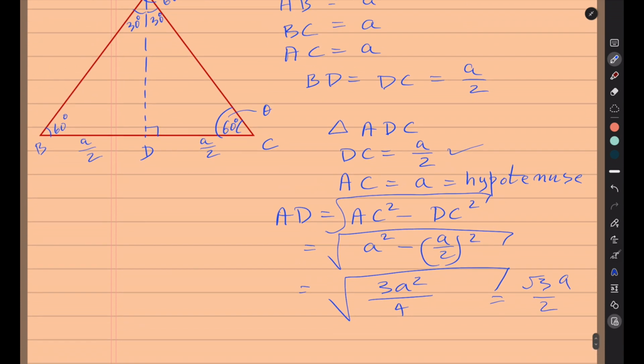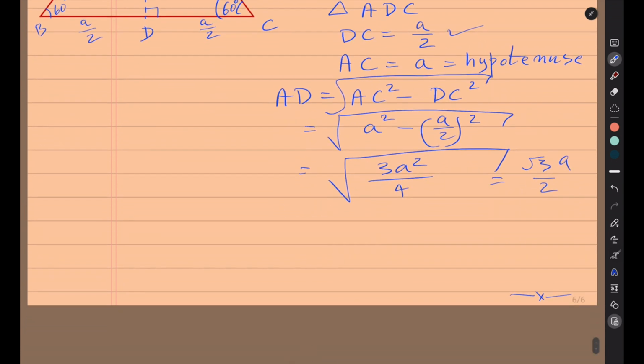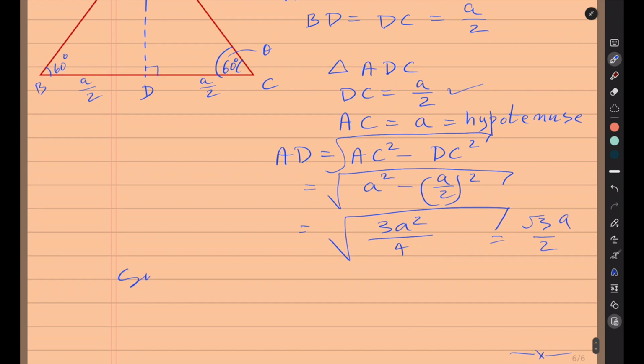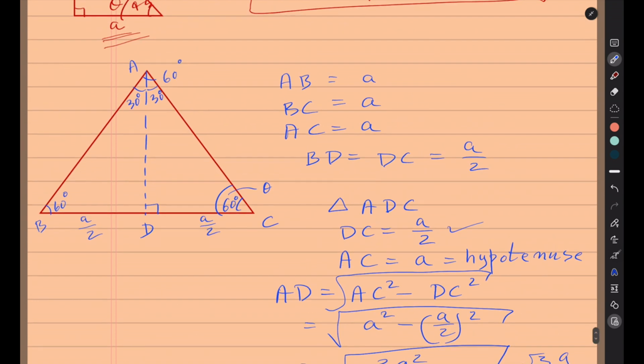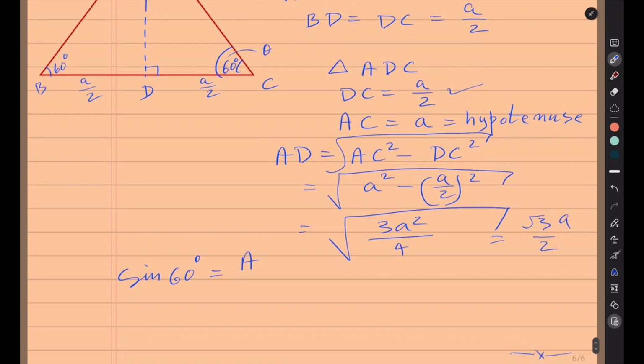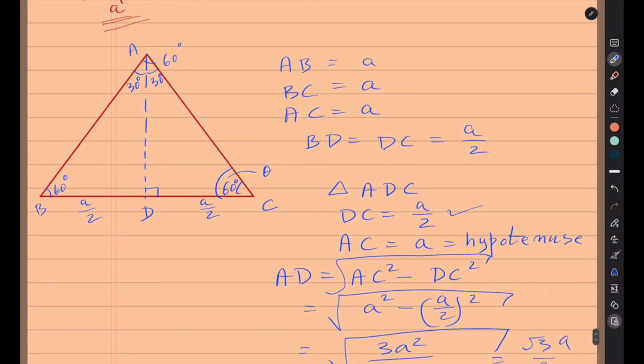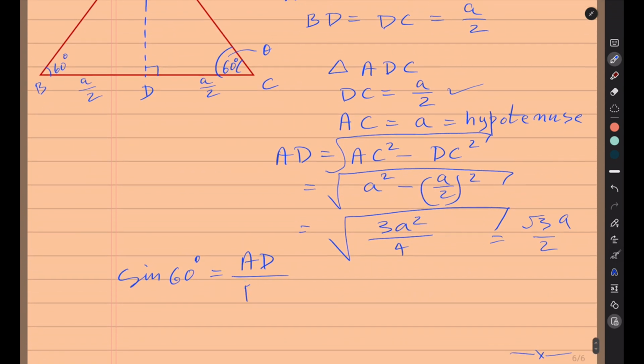So in that case, let us try to define sine 60 degree. Sine 60 degree is nothing but AD divided by AC, isn't it? What is AD?